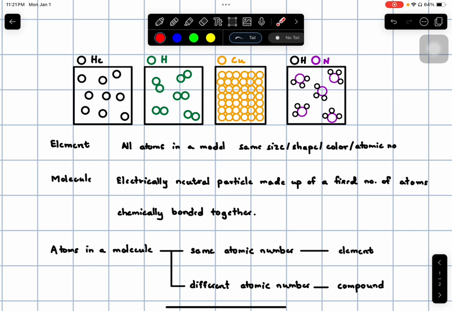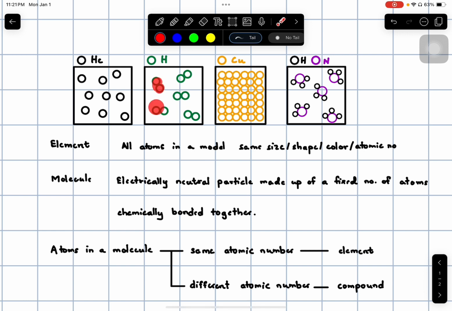Let's take a look at the word molecule. A molecule is an electrically neutral particle which is made up of a fixed number of atoms which are chemically bonded together. In simpler words, if we take a look at the model here, is this an element or something else? This is still an element. Why?